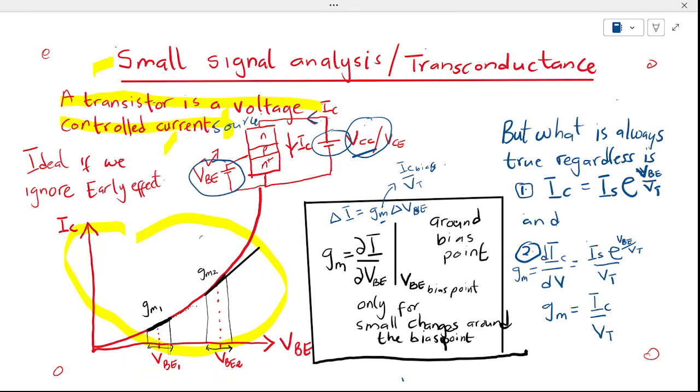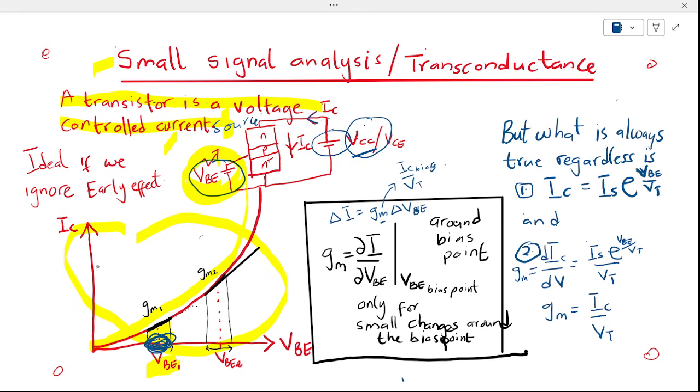So what we see here is, assuming the transistor is operating at a particular base emitter voltage, VBE1 as it's called, just around it, the curve itself is a nonlinear curve, it's an exponential curve. But for small regions around the bias point, if I bring a signal that will be varying slightly around the bias point, as you are seeing here.